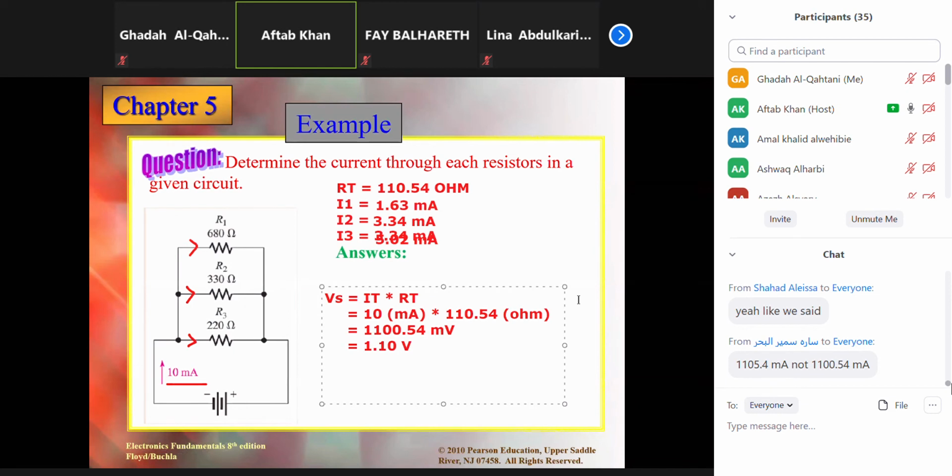So Sarah, you said 11.05.4 milliamps is correct? Are you saying like this? No, the answer that you have written here in the slide is not correct. Where is the answer? You wrote 1100.54, and the answer would be 1105.4.